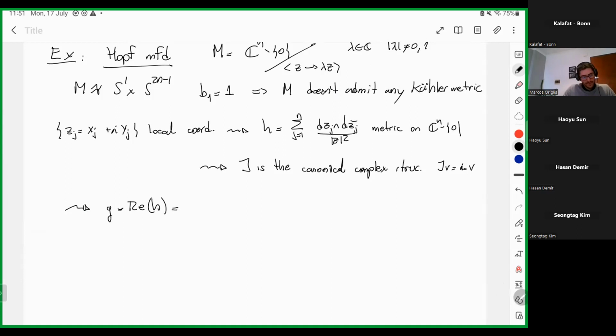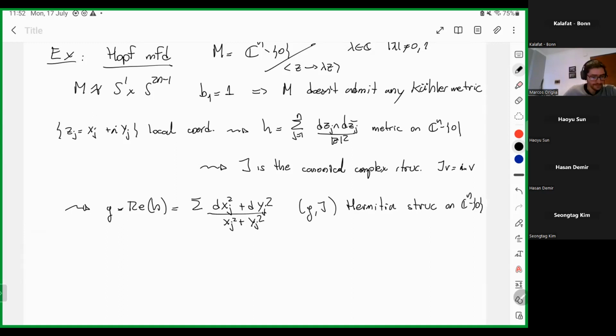You can make the computation, but I will just say that this is dx_j squared plus dy_j squared, and again we need to divide by this. This metric is compatible with the complex structure, so we have a Hermitian structure. But again, this is just on C^n minus the origin.